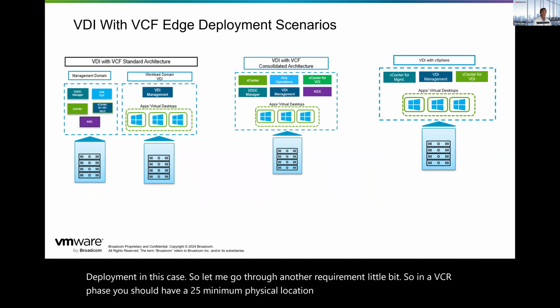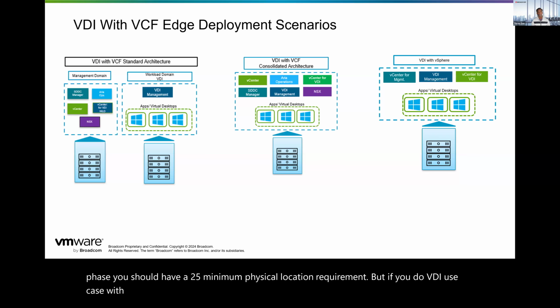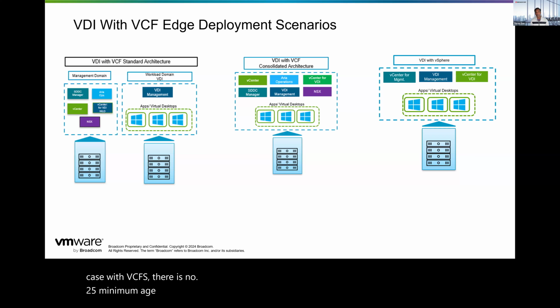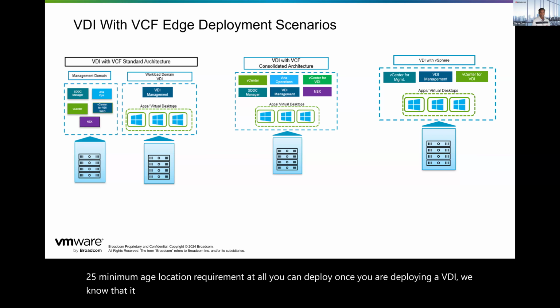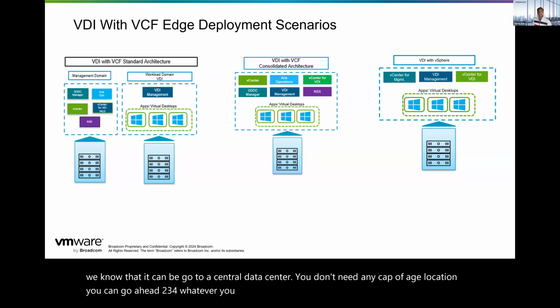But if you do a VDI use case with VCF Edge, there is no 25 minimum edge location requirement at all. Once you are deploying VDI, we know that it can go to a central data center. You don't need any cap on edge locations. You can go with 2, 3, 4, whatever edge locations you have. There's no criteria to satisfy for 25 edge locations.